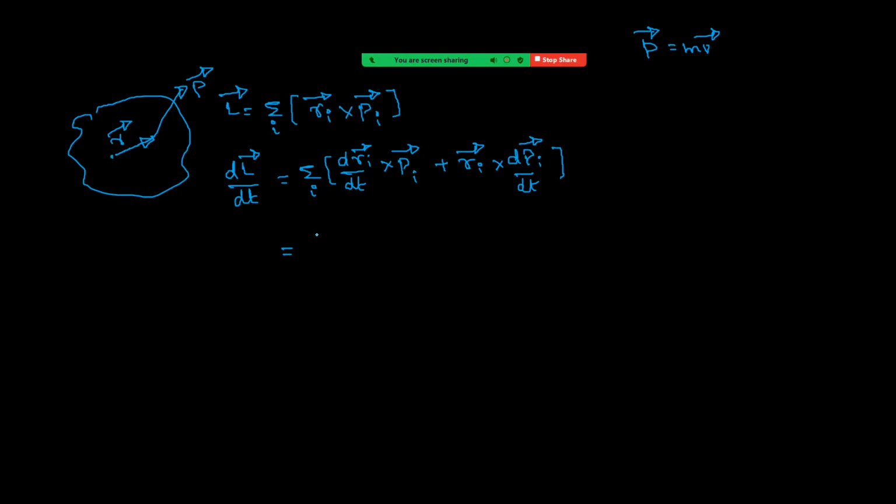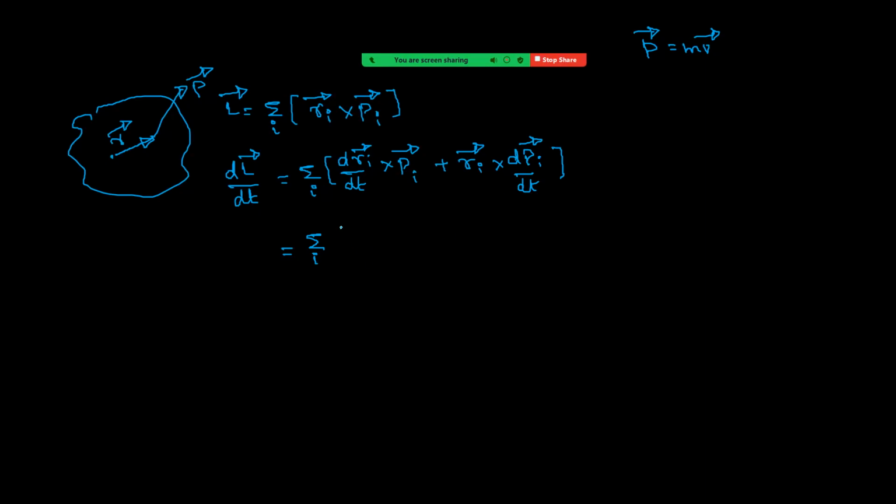Remaining is now sigma Ri bar cross the derivative of the momentum vector with respect to time, and this gives net force, right? According to Newton's second law, net force on a particle is equal to the rate of change of linear momentum with respect to time.